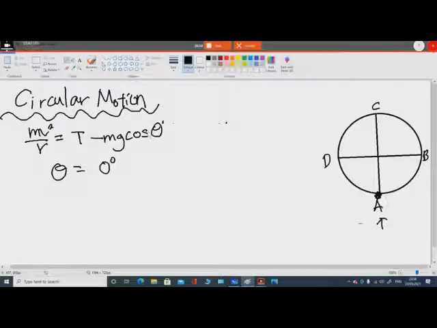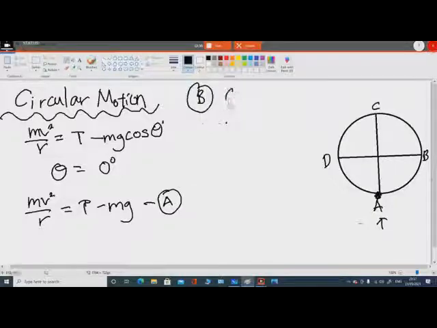Cos 0 degree will naturally give us T minus mg, since cos 0 degree is 1. So this will be our point A. What about point B? When the object approaches point B, our theta is 90 degree.